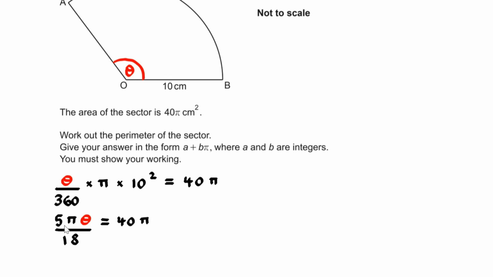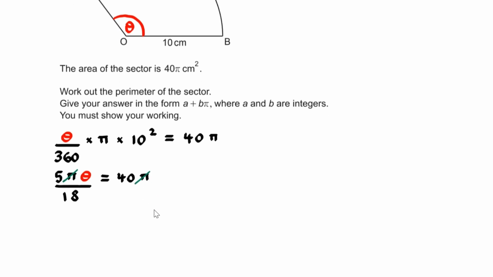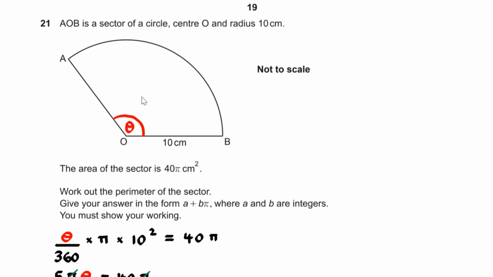Now, happily for us, these pi's cancel off. So if I do 40 divided by 5, which is 8, and then times that by 18, I get 144, which means that theta is 144 degrees.